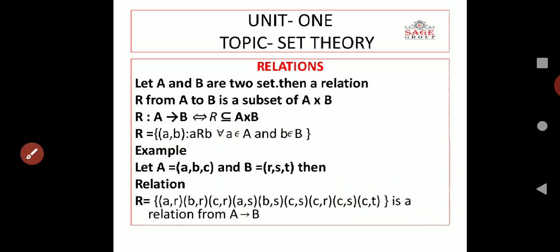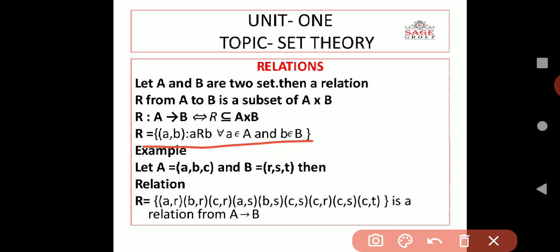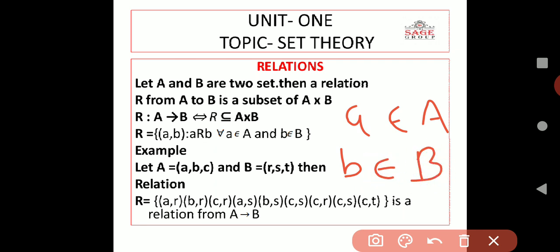So the relation is R equal to the set of (a, b) such that a is related to b, where a is an element of A, that means a belongs to A, and b is an element of B, that means b belongs to B. Now for example, if we have two sets A and B, where A is equal to {a, b, c}, these are the elements of set A, and B is another set with the elements r, s, t.